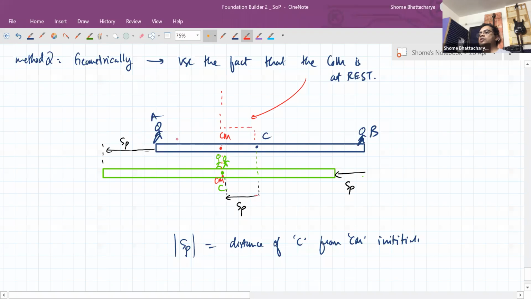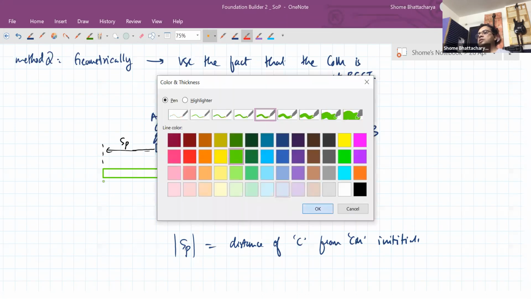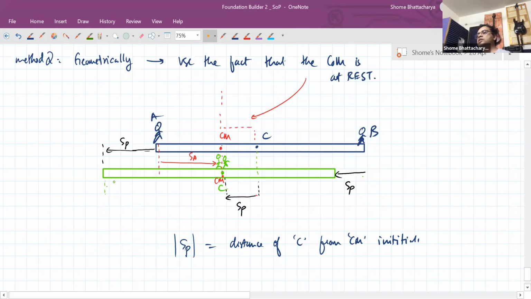And once you've got that, now you can see the displacements in the ground frame. Again in the ground frame, the displacement is equal to how much? This total distance is L by 2, half the length of the Plank, and this total distance is L by 2. So individually A and B's displacements you can write in terms of L by 2 and this distance.